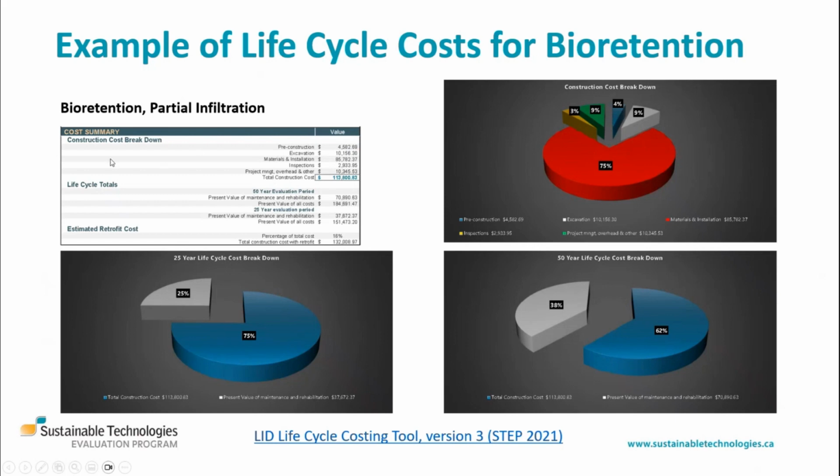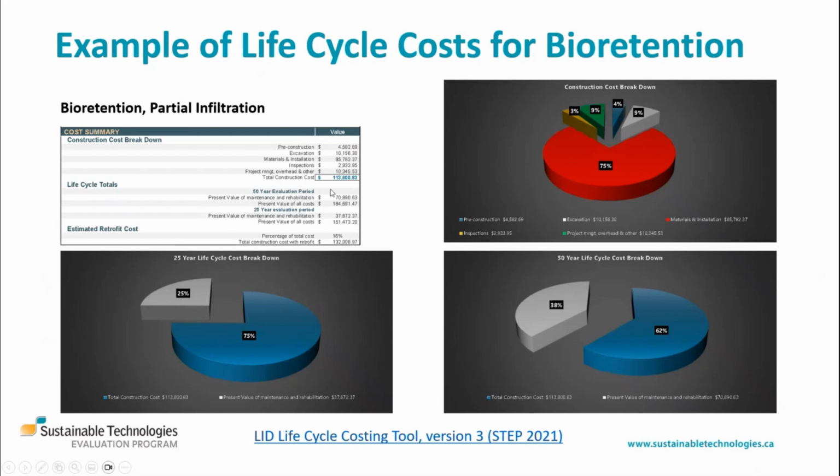So when we talk about the construction cost breakdown, this is for a bioretention facility that's about 150 or 180 square meters, and it's able to convey and retain water from a 2,000 square meter parking lot. So this is the total cost set at $113,883.